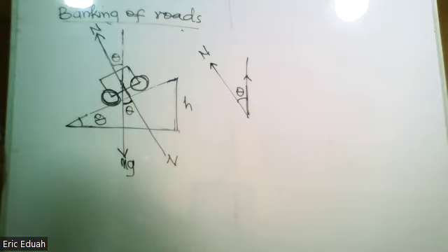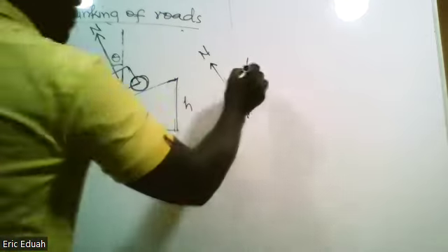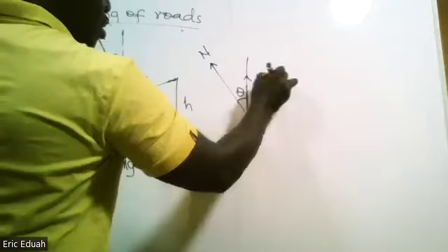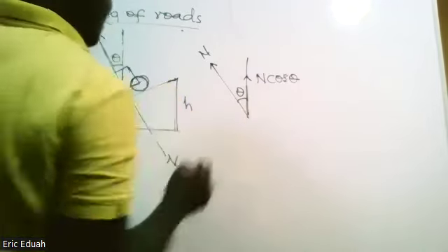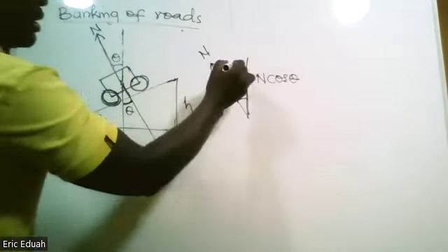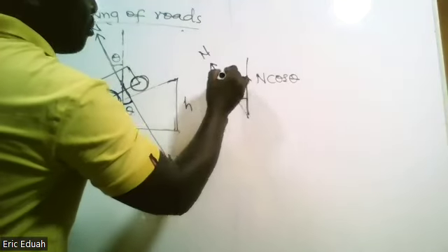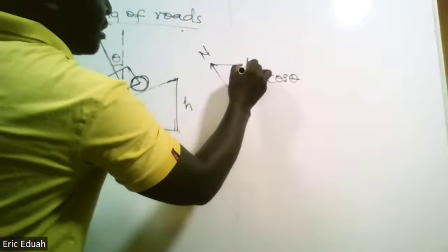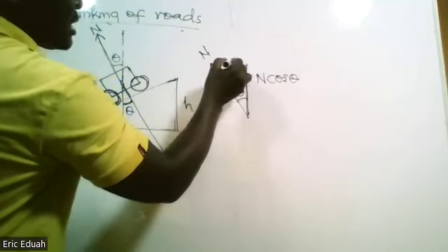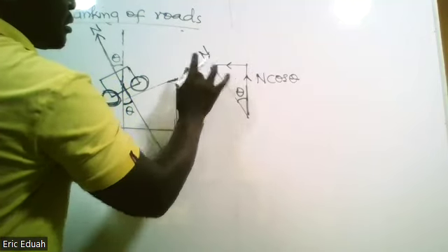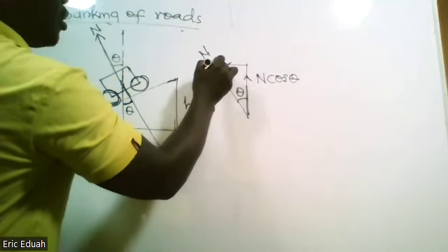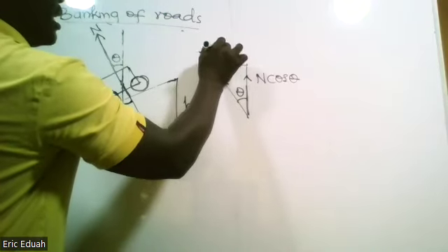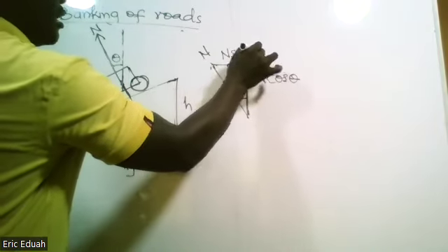N cos theta. Good. So this component is N cos theta. What about the vertical component? N sine theta. So this component is also N sine theta.